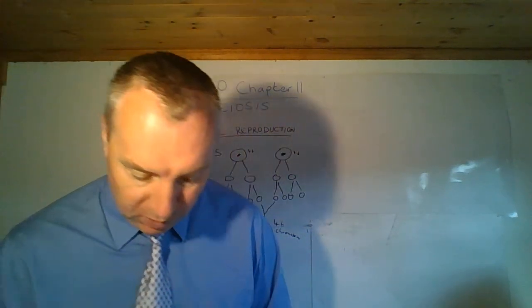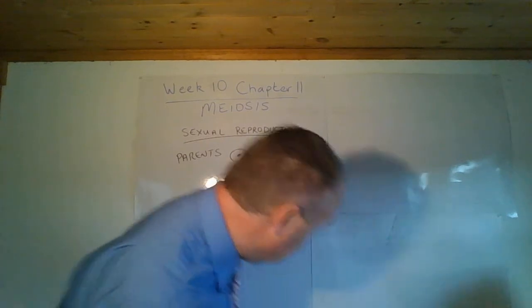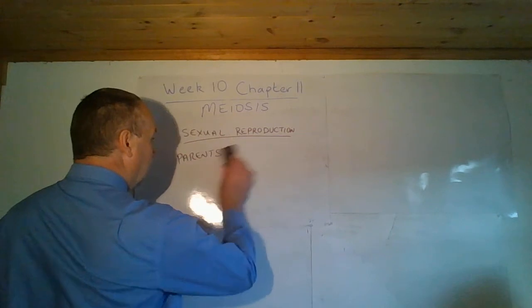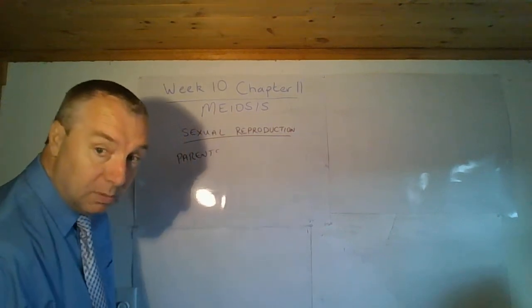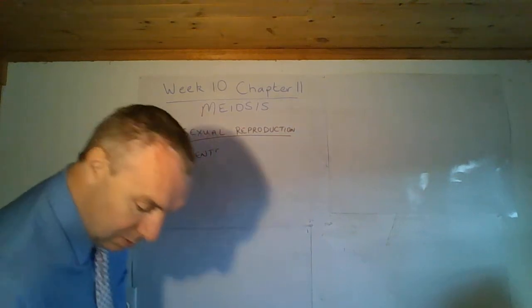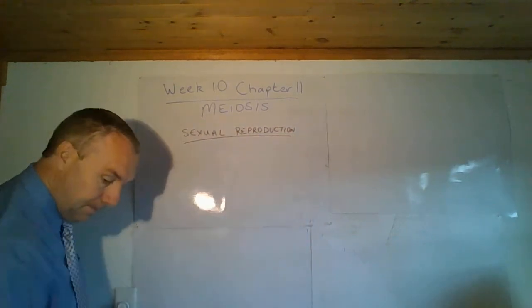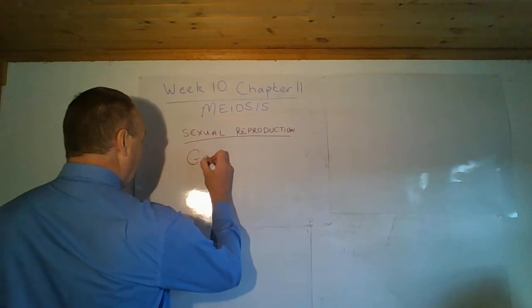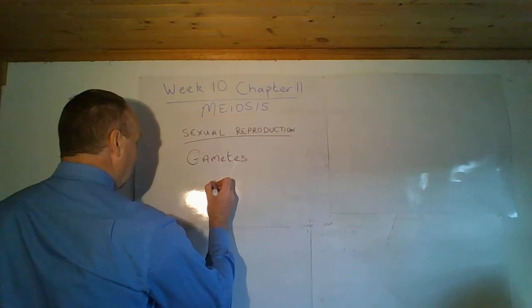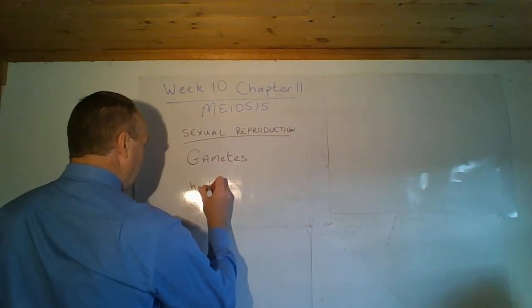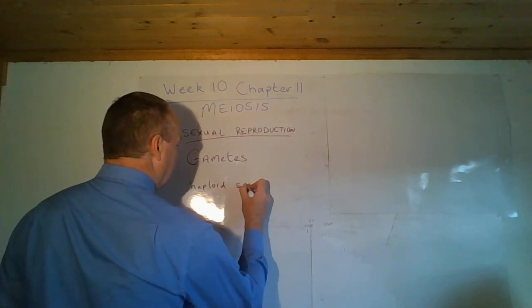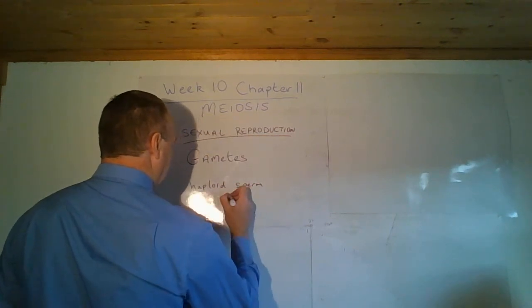Now we should define the word gametes. So in humans, gametes are haploid, sperm, and eggs.